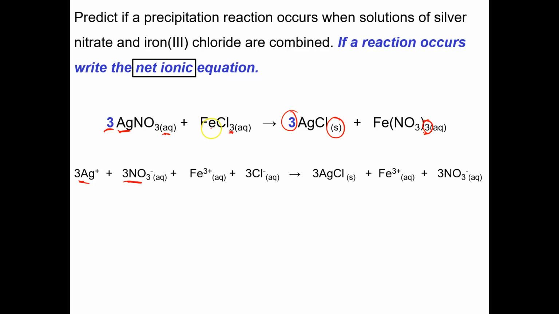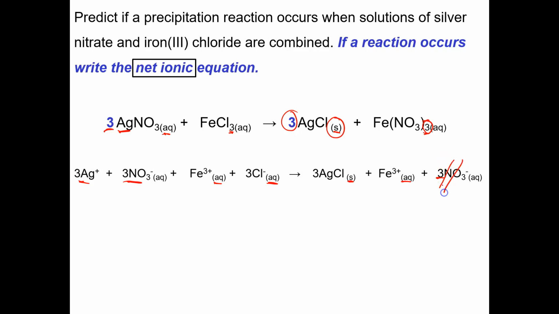The 1 iron(III) chloride solution will separate out into iron(III) ions and 3 chloride ions. The 3 silver chlorides, because they're solid, will not dissociate. And then the iron(III) nitrate will separate out into iron(III) ions and 3 nitrate ions. So that's the first step. That gives us the overall ionic equation. What we're now going to do is cancel our spectators.